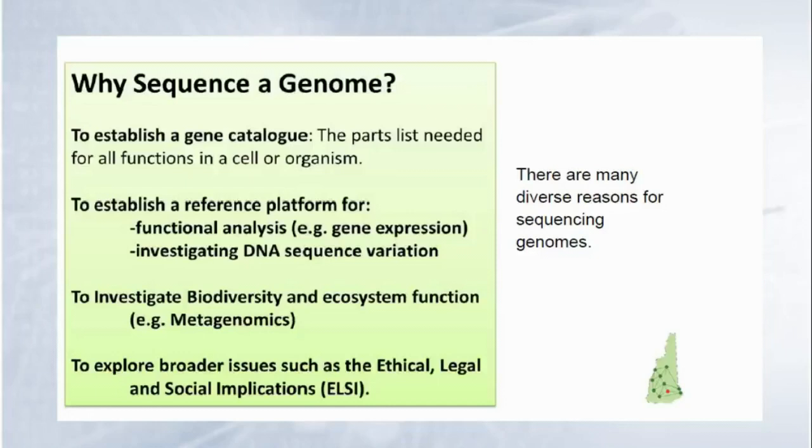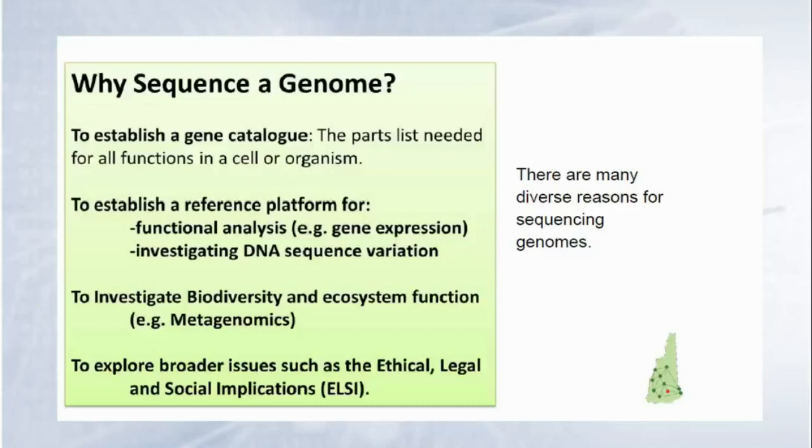We can also use that platform in the sequencing of large numbers of individuals or samples from populations to understand sequence variation and how that varies across an environment or across samples. In that context, it's a very important and effective way to understand things like biodiversity and the ecosystem function that exists out in the environment.